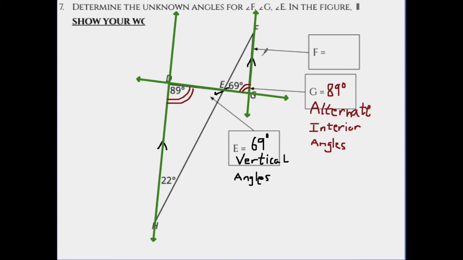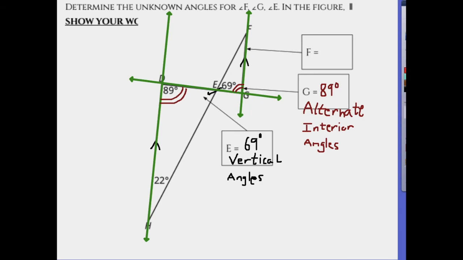So F, you can do a couple different ways. If you recognize a different transversal here, so I'm going to draw that in red, you can do that. Or we can use our triangle sum theory to help us out too. There are so many ways to do these that sometimes it might get confusing, but I'm going to look at this red line now.